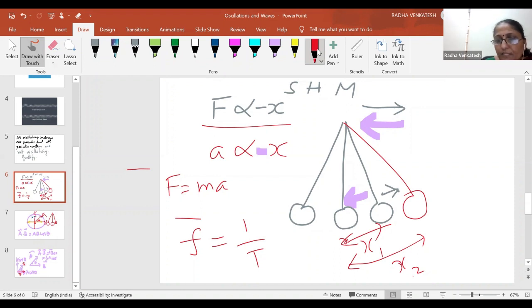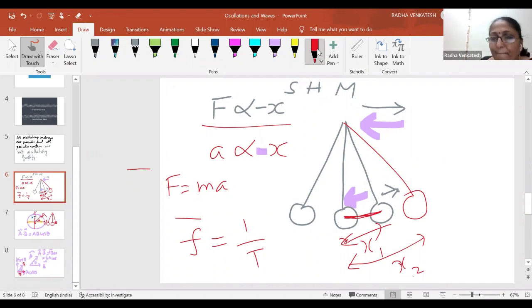And also, for the first few oscillations, the maximum displacement that it undergoes will be a constant. That maximum displacement you define as amplitude, so the amplitude will also be a constant. All these will be satisfied for a simple harmonic motion.